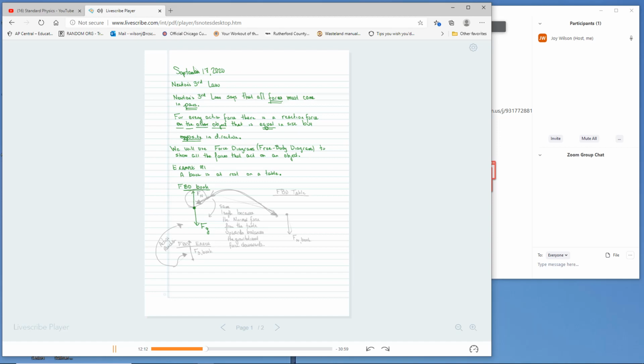And so for my free body diagram to be correct, I'm going to draw these two arrows.